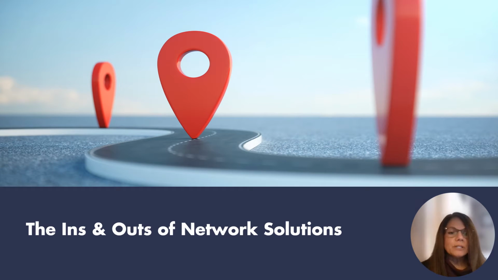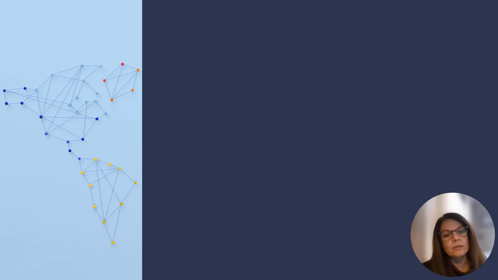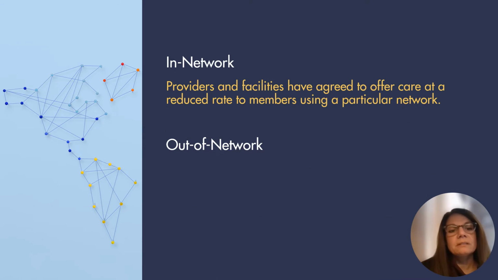So generally when we talk about network solutions, we're talking about in-network and out-of-network. An in-network option is usually, in a traditional sense, a network solution where a network has contracted with providers and facilities and they've offered to provide care and service at a reduced or contracted rate.